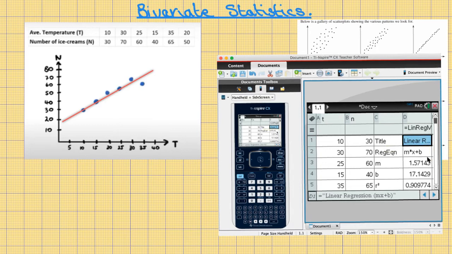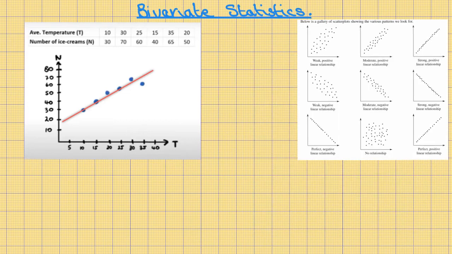And here we get all four important values that we want. M is 1.571, B is 17.142, R squared is 0.909, and R is 0.953. So let's write those values down.